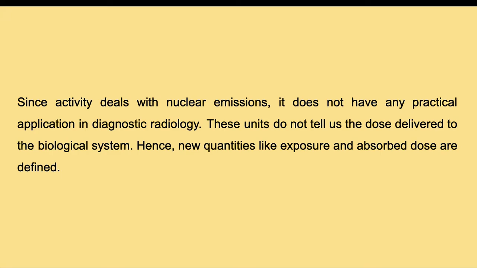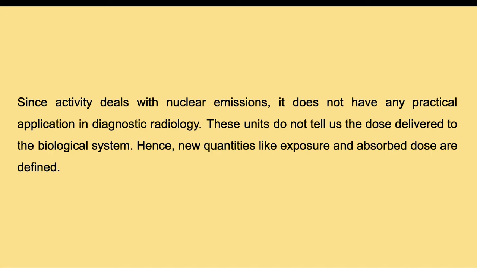That means this is the quantity emitted from a source, and those emitted quantities completely will not reach a target. Suppose living things are the target, there will be some loss during its transfer, and the incident radiation will not be completely absorbed, and the effects on the biological system will be based on the quantity absorbed.